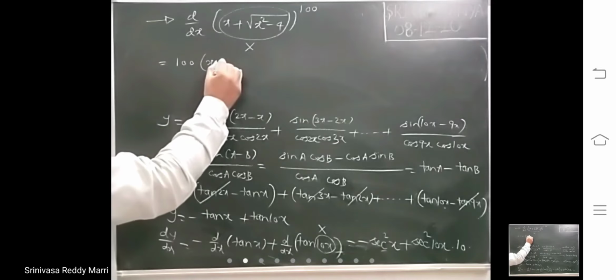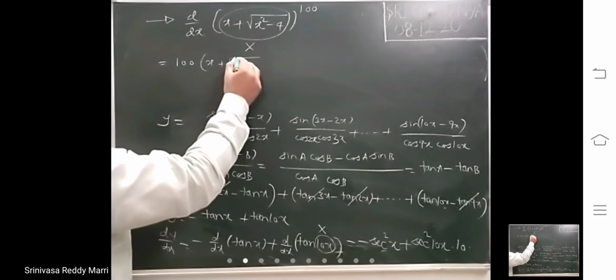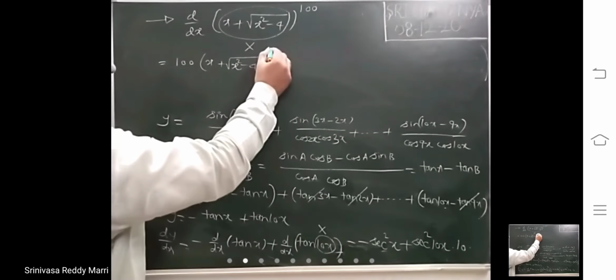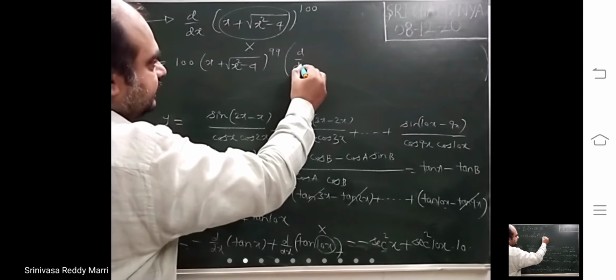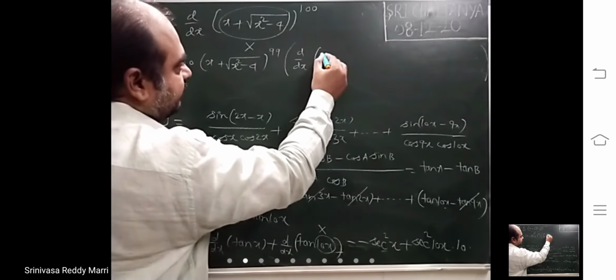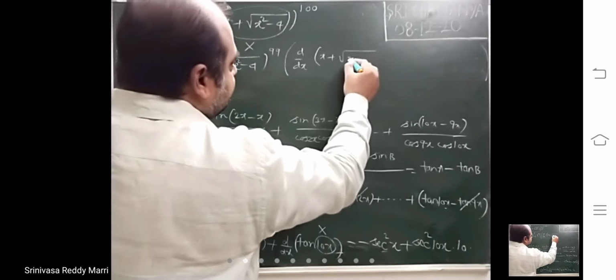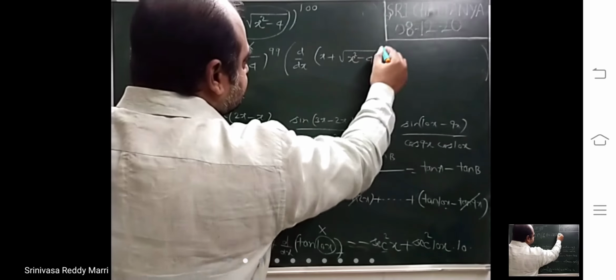Capital X means directly you write the expression to the power 99 into d by dx of X. Whatever X has been taken, you do the derivative of that.